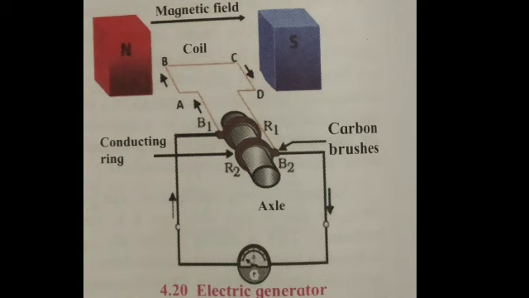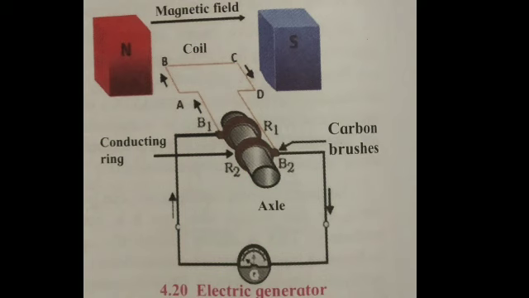Both the rings are fixed to the axle, but there is a resistive coating in between the ring and the axle. The axle is rotated with the help of a machine from outside. Because of this, the coil ABCD starts rotating.